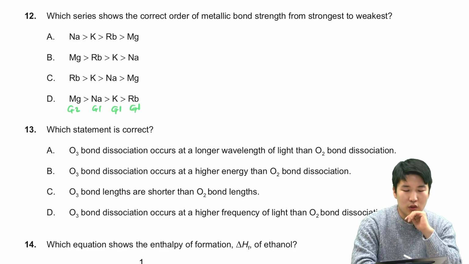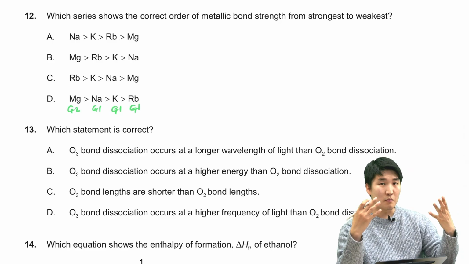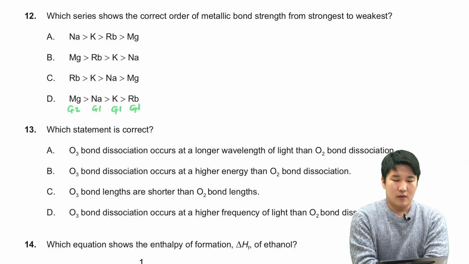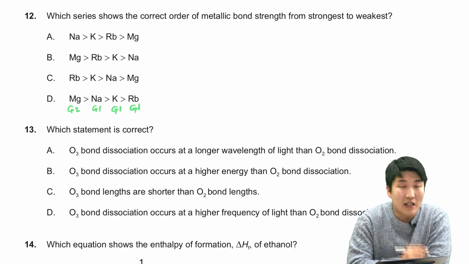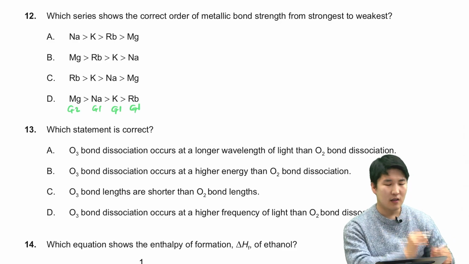I started with option D, which seems to be the answer because we have magnesium, group 2, the biggest ionic charge, followed by group 1 sodium. Magnesium is right after sodium, which means magnesium will be smaller than sodium.